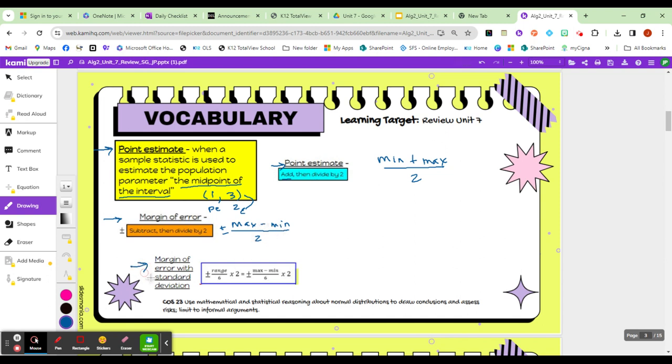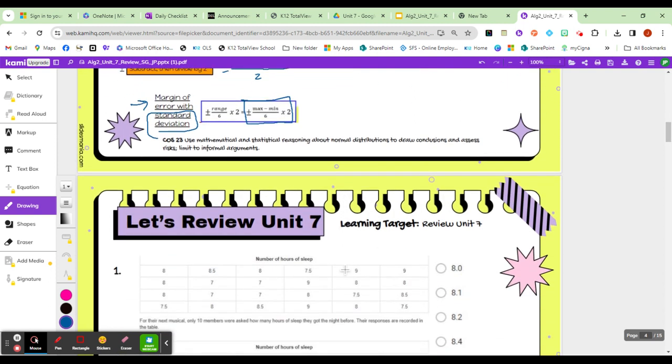If the directions say find the margin of error with standard deviation, you cannot use the max minus min divided by 2 formula. You have to use the max minus min divided by 6 times 2 formula, and then the plus and the minus. We'll look at a couple examples where we'll go over which formula to choose.